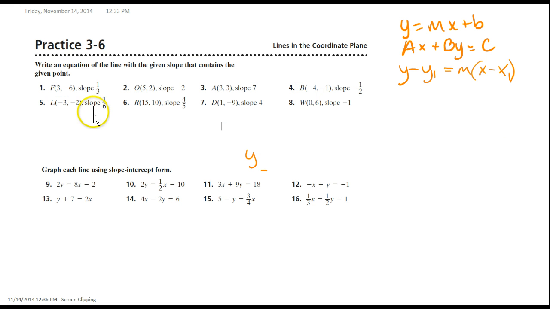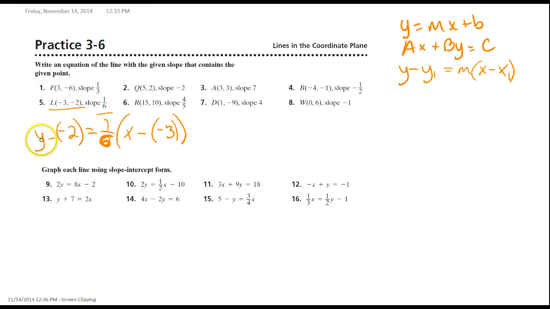Number 5. I've got, just like before, point, slope. Y minus y1 equals slope, 1/6, times x minus x1. Do you see how many parentheses I'm using? Yeah, that helps me keep this all straight.